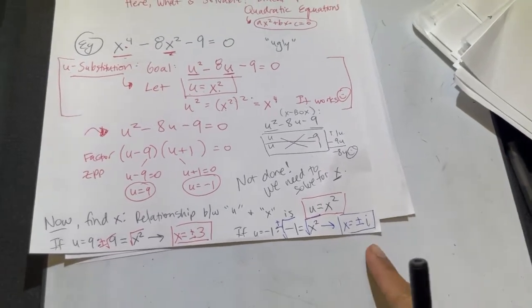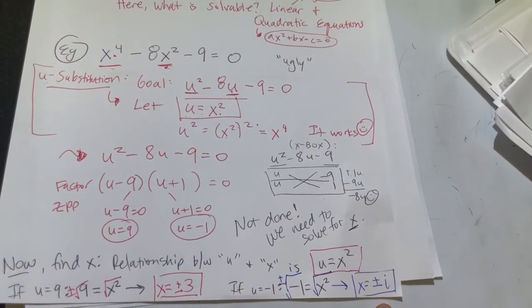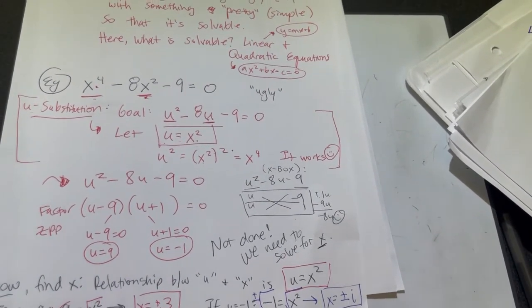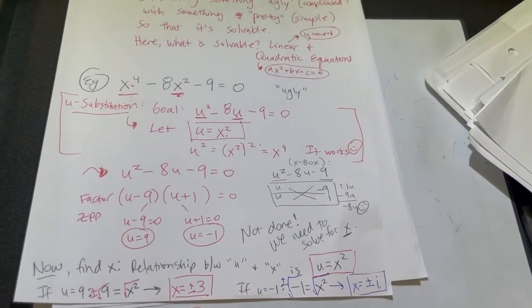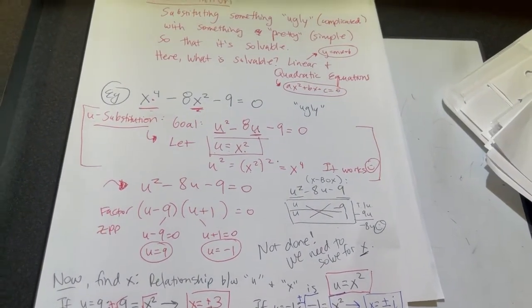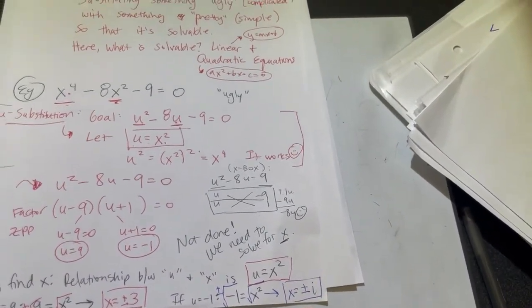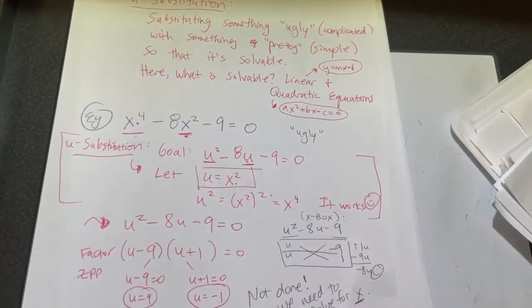So now that we have access to the complex world, we have a solution. So how many solutions are there? Not 2, but 4. 3, negative 3, i, and negative i. What's the highest power? 4. That's why there are 4 solutions.